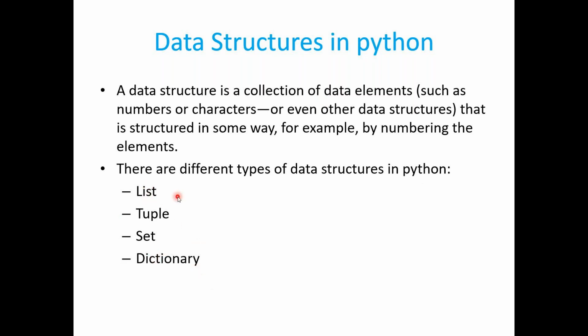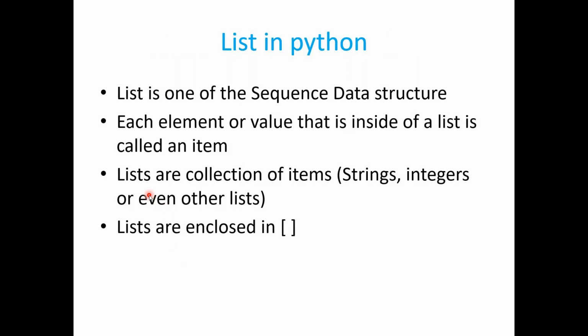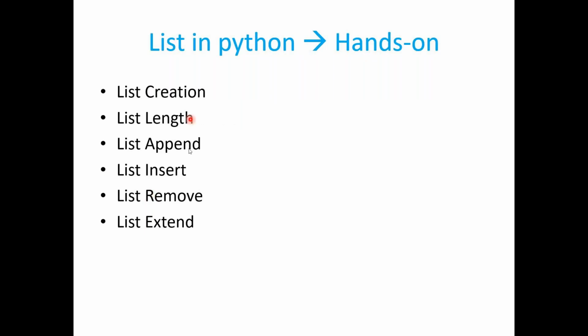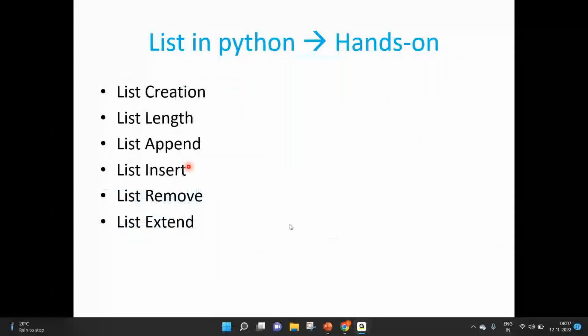Our primary focus for today's session will be on list, and we'll talk about tuple, set, dictionary in the next session. So let's get started with the hands-on on the list. So I'll go to my Jupyter notebook. And by the way, you actually don't need to use Anaconda Navigator every time to launch the Jupyter notebook.